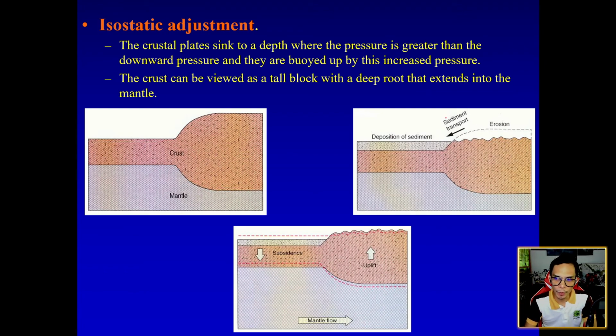So for example, we have right here the erosion. Because of the uplift, the roots will go upward. Then those sediments that are relocated on this side will sink in the process. So they are opposite in direction. This one will sink and this one will uplift.